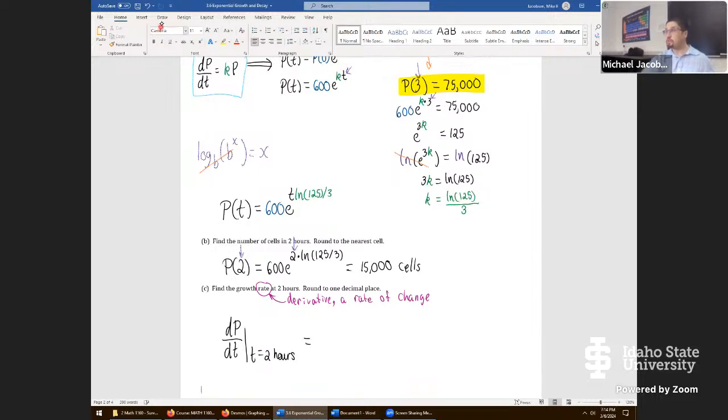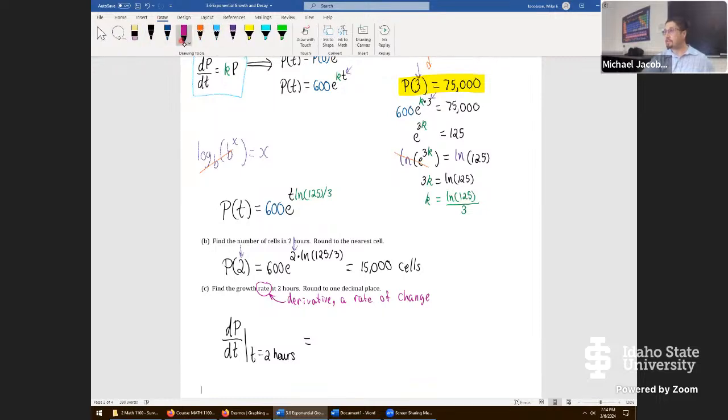So the whole thing will turn into k. So that's the k you see right here, where the green box is, times the population size at time 2 hours. So now we've got this. Notice we're pretty much done because we've calculated population at time 2.